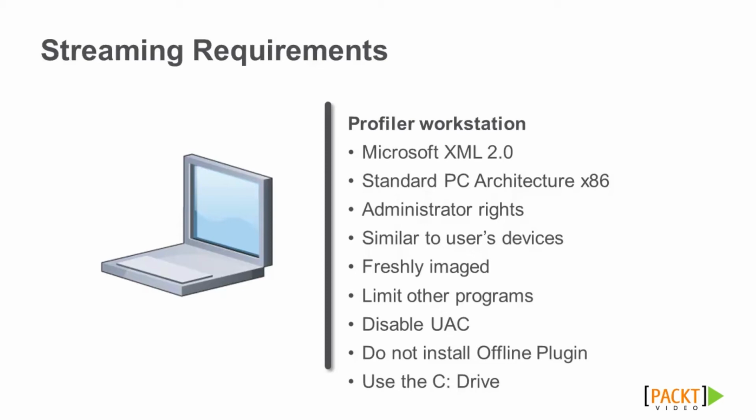Disable the user account control, and to stream Microsoft Office 2007 or 2010 programs, or to stream profiles enabled for inter-isolation communication, install the .NET framework. Do not install the offline plugin on the Profiler workstation, but you can install the Citrix Receiver. And don't install applications on the D drive, use the C drive, because some computers don't have D drives.